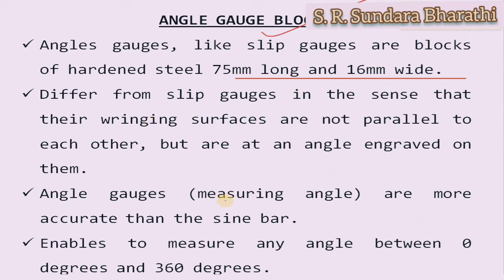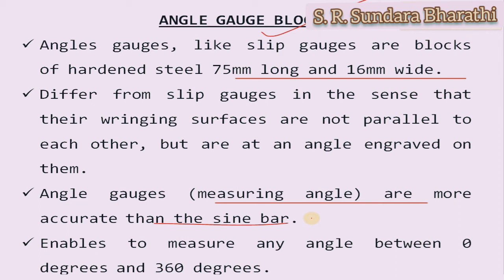Angle gauges for measuring angles are more accurate than the sine bar. If we use a sine bar to measure the angle of a component, we have to depend on a surface plate, slip gauges and height gauges.